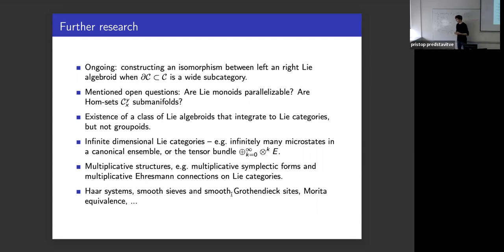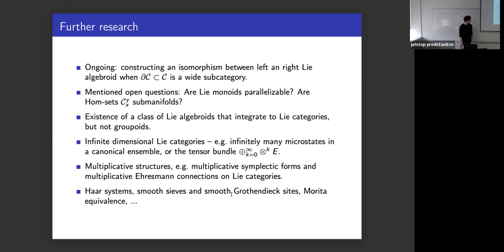With regard to how these two relate, the first item in this list, this ongoing research, is basically constructing a local Lie groupoid around the boundary of the subcategory, and half of it is going to coincide with the Lie category in question.